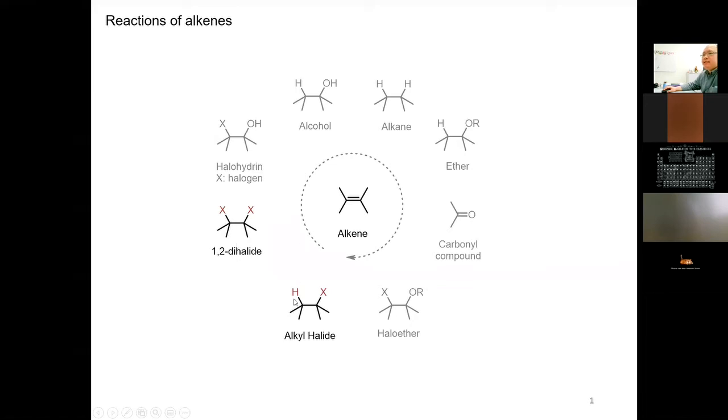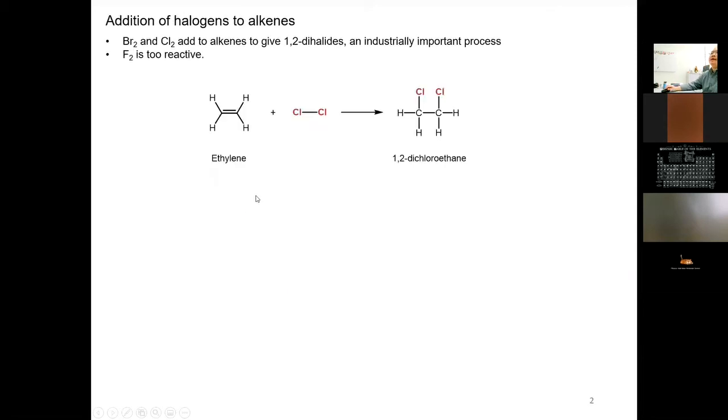Instead of adding HX to the double bond, we now add X2 to the double bond. This is the easiest halogen addition to alkenes. You have ethylene and chlorine, one chlorine adds to this carbon, another adds here, so you have 1,2-dichloroethane.